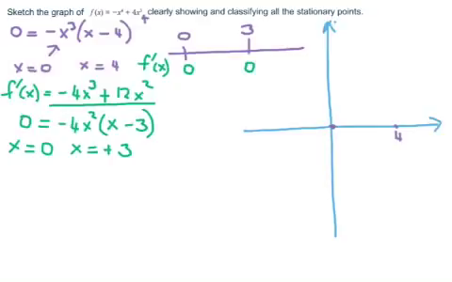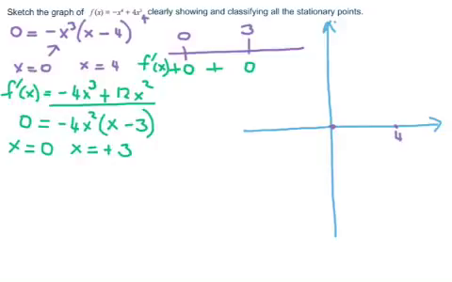So actually it's going to be positive on this side of my 0. Okay, I'm going to choose positive 1 now for the value between 0 and 3. So positive 1 times, this is going to be negative 4 plus 12. It's still going to be positive.